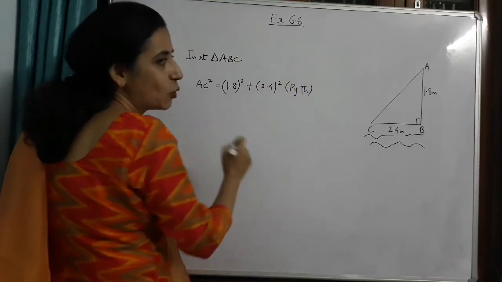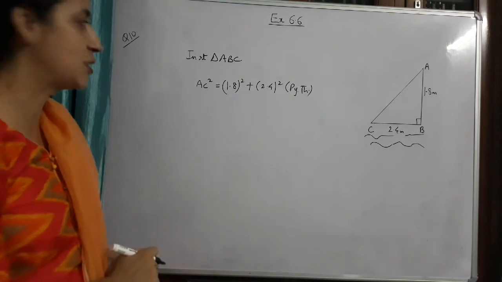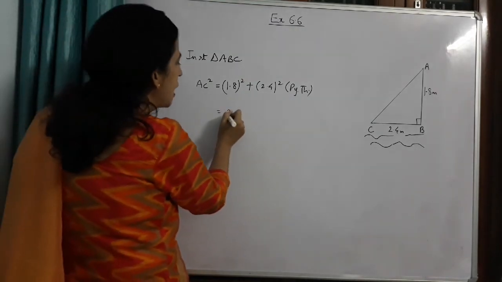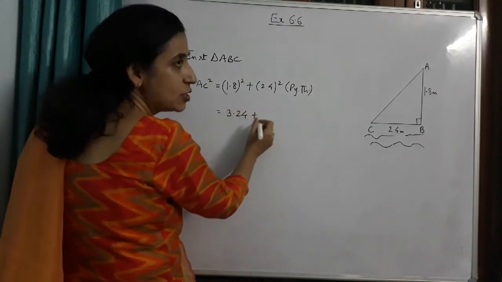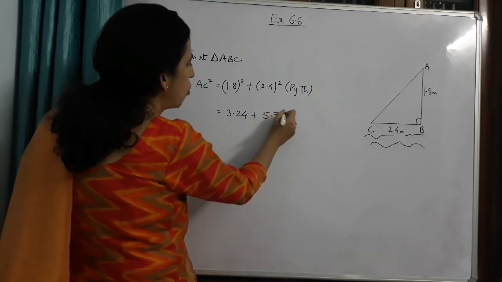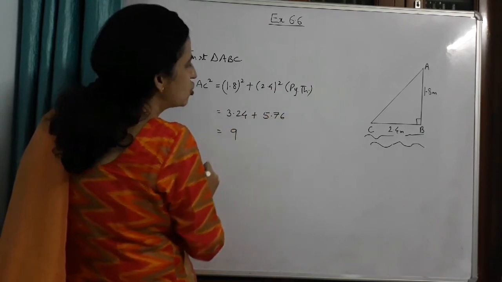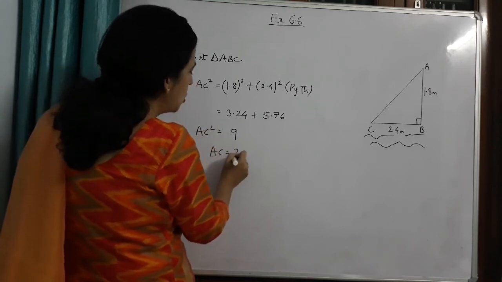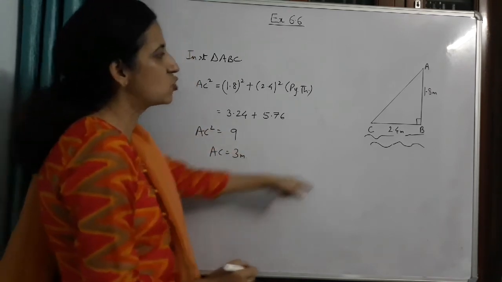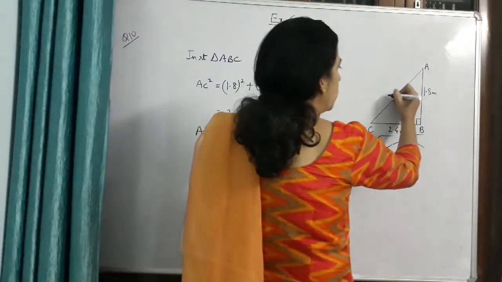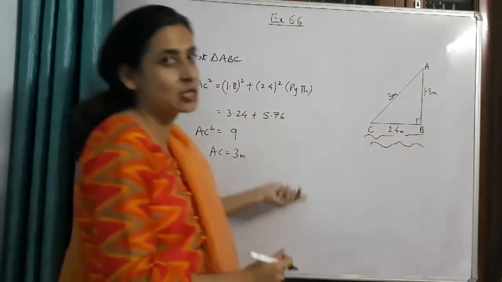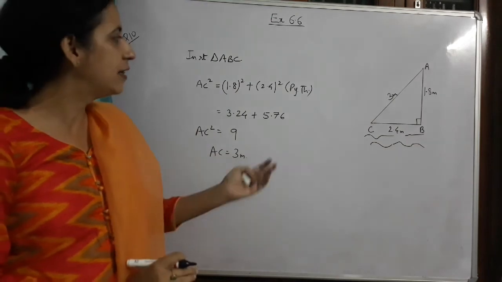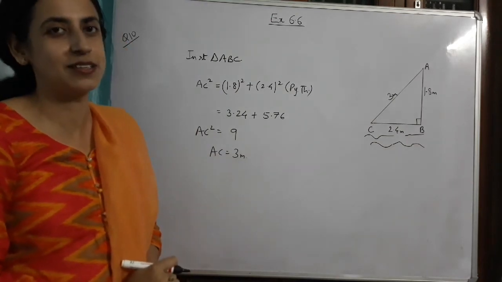This is what we obtained by Pythagoras theorem. Let us simplify this. So this comes out to be 3.24 plus 5.76, which comes out to be 9. So AC square is 9. So the length of the string, this length comes out to be 3 meters.